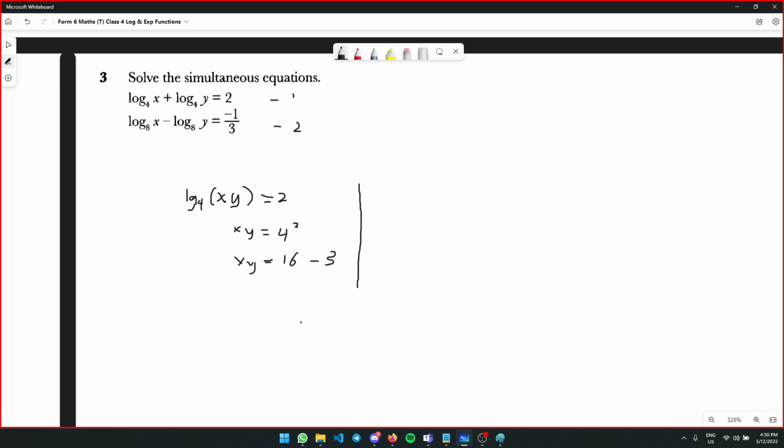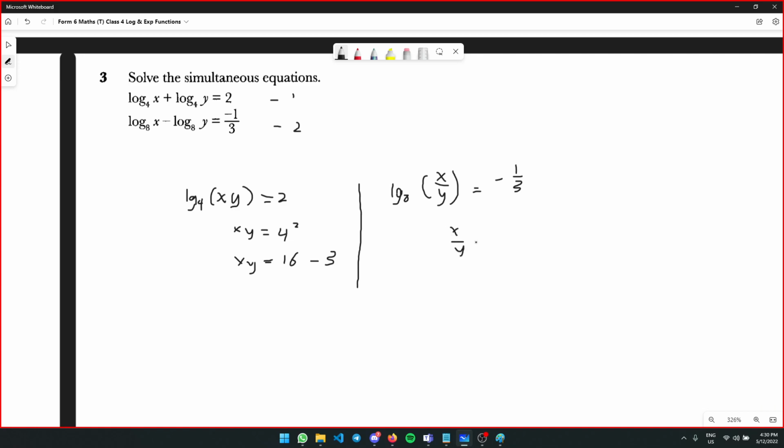Okay, so what's the next thing you can do? The next thing you can do is since it's minus, you can also do that. So that's log 8. So that will be minus, you divide, okay, x over y equals negative 1 over 3. Then we can just move it to the other side.